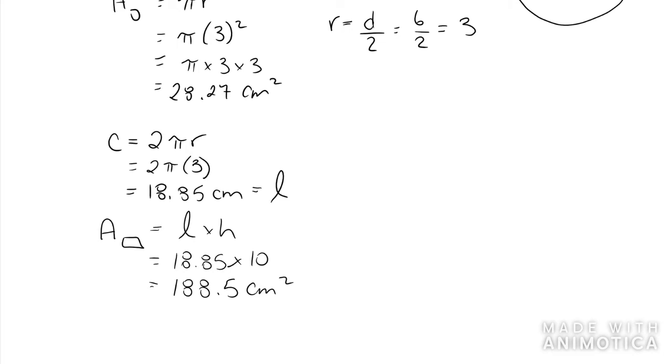Now the last step is to add them together. So first, how many circles do we have? We have 2, one at the top, one at the bottom. So we're going to have 2 of these 28.27, and one of these 188.5s.